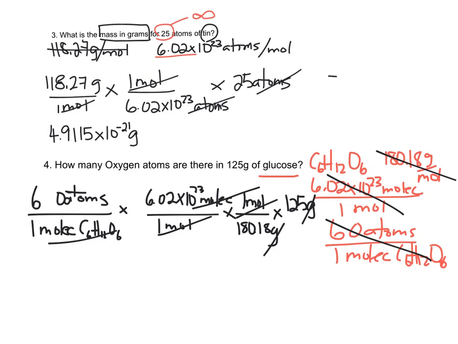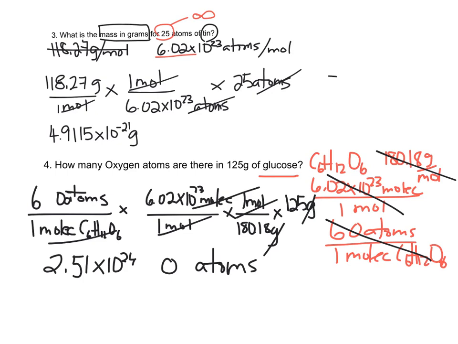So in your calculator, 6 times Avogadro's number times 125 divided by 180.18, and that gives you 2.51 times 10 to the 24 oxygen atoms.